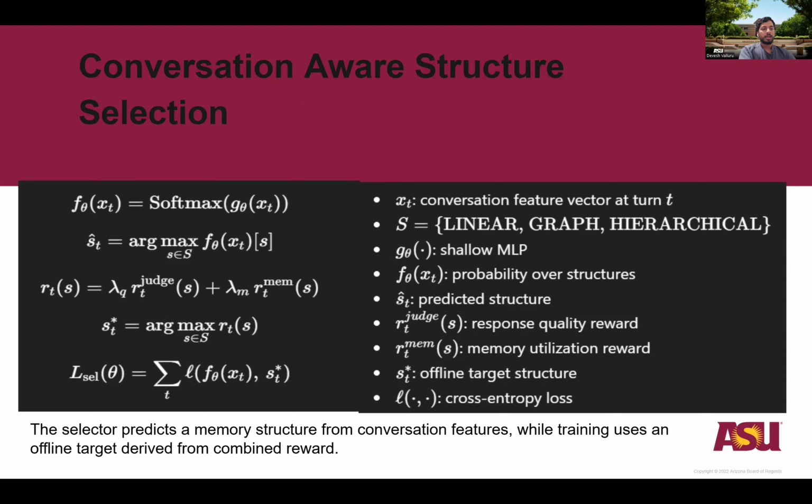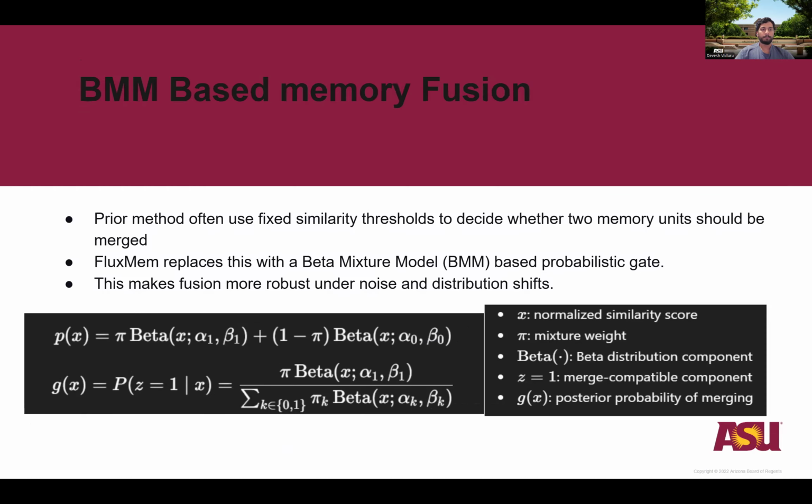And we have R_t^s, which is the combined reward, and we take the argmax of it for the offline target structure. We use different memory structures to see which one is giving the maximum reward. Then, based on this learned parameter, we select the memory structure while performing the real-time query, when giving the query to the agent.